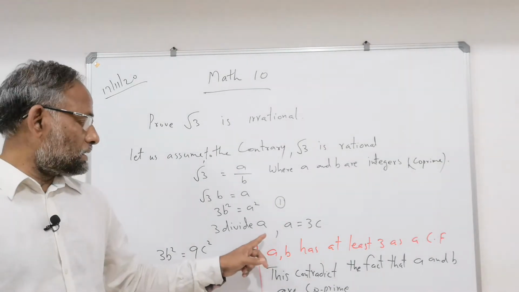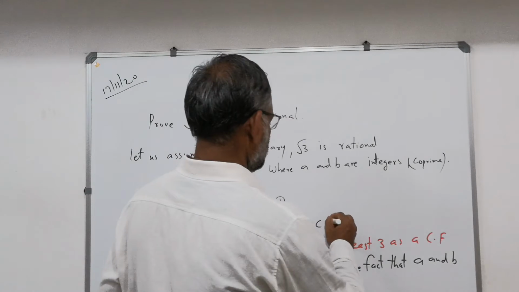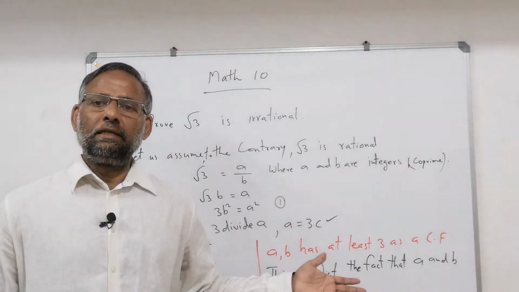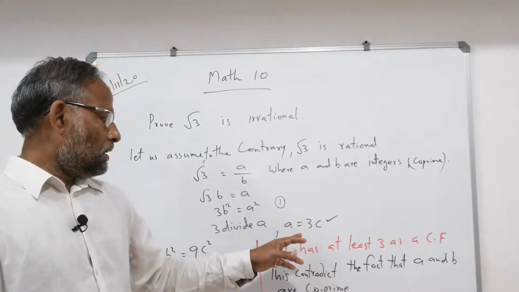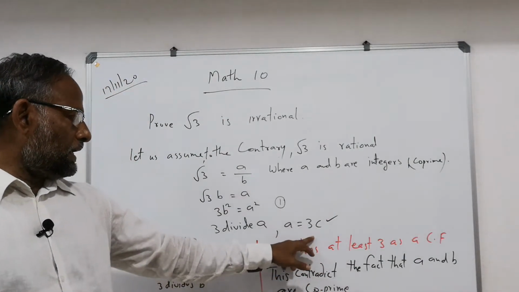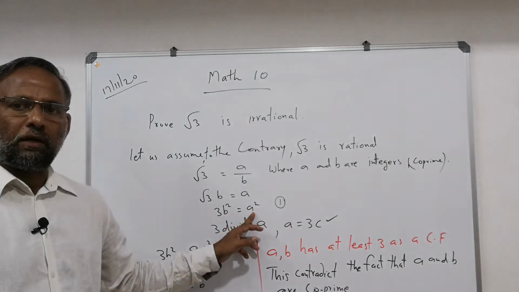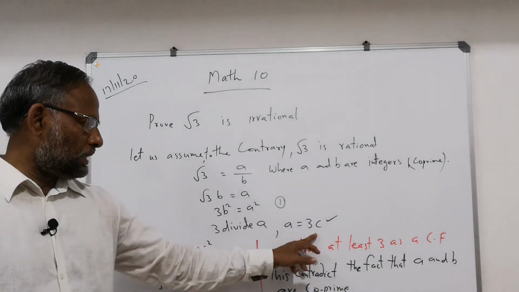If 3 divides A, we can write A is equal to 3C, where C is an integer. Now listen here. Here 3B square is equal to A square, equation 1. So A is equal to 3C.